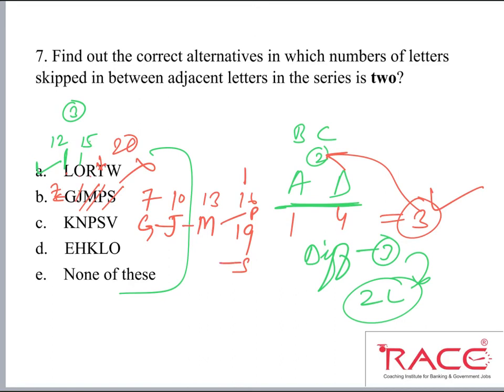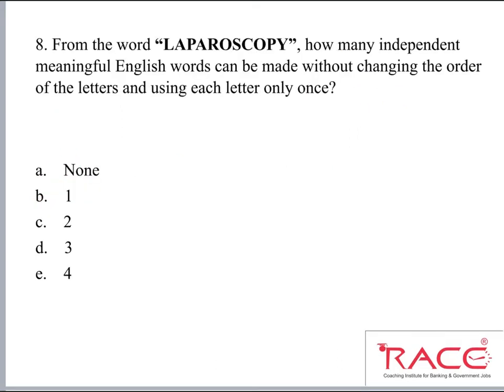In this order, the difference between adjacent letters is 3, or the number of letters between them is 2. So B is my answer. Hope you have understood this question as well. Now next. In the next question, what are they asking?